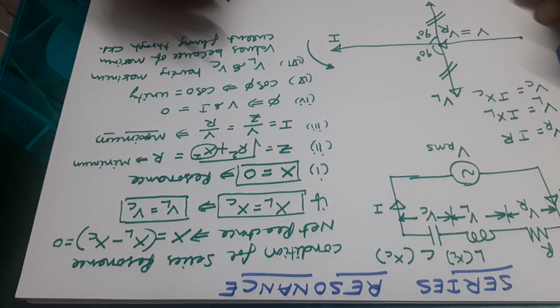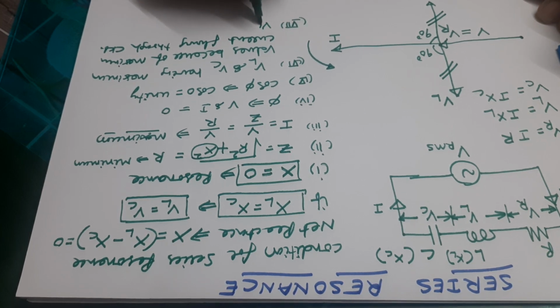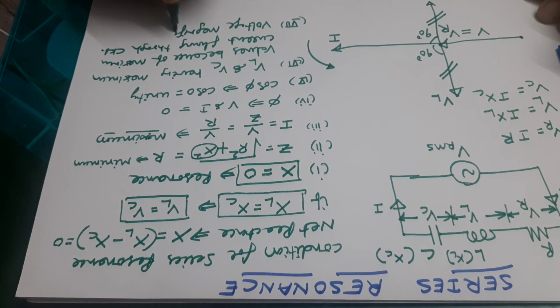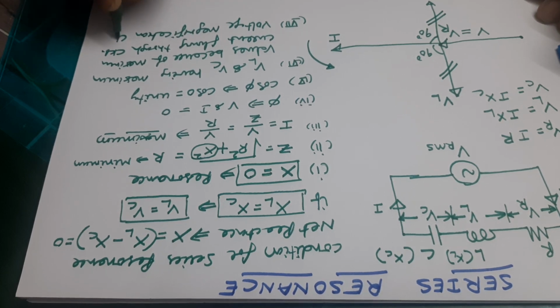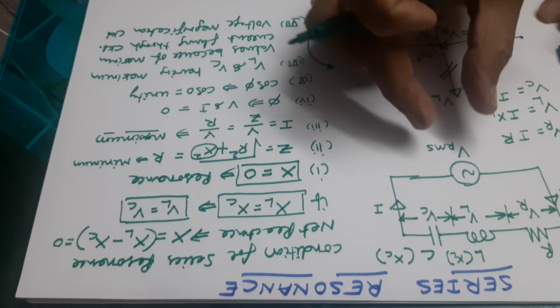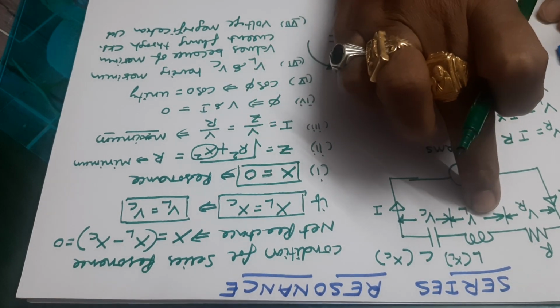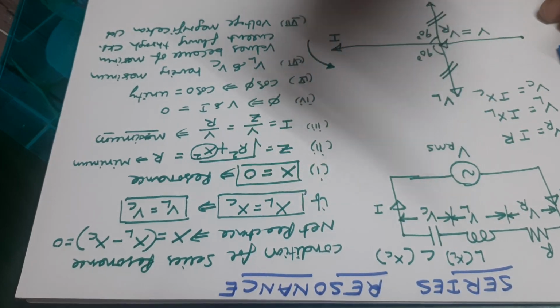That's why the series resonance circuit is said to be a voltage magnification circuit. The reason is, whatever voltage we apply, if you measure the voltage across inductance and capacitance, it will be many times more than the applied voltage.